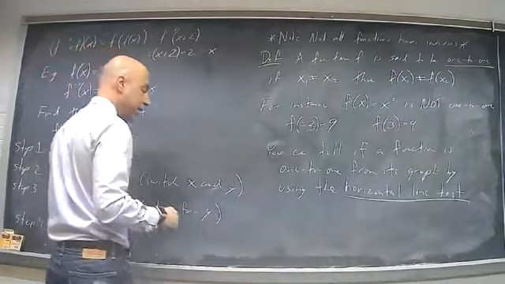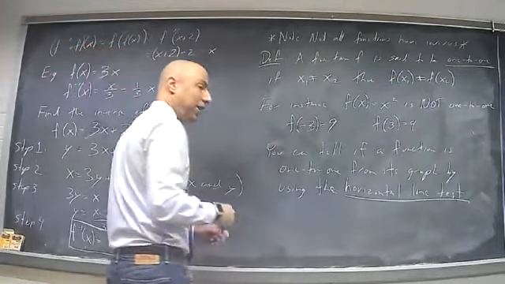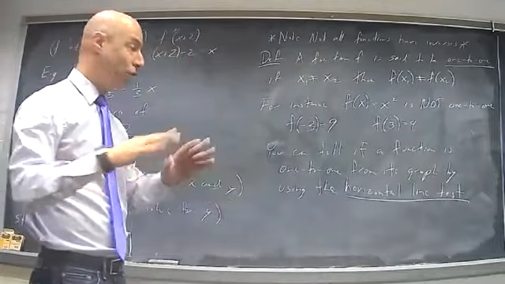So a graph passes the horizontal line test if any horizontal line crosses the curve at most once.